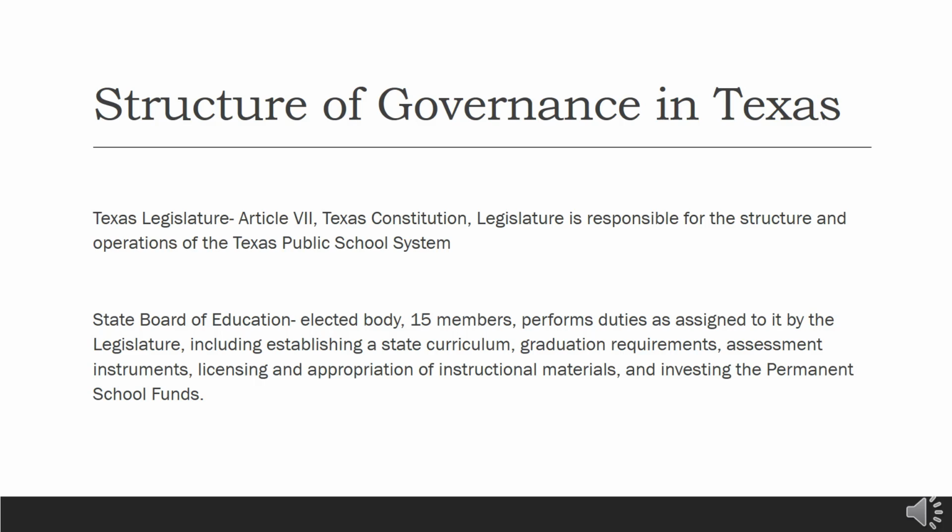Currently, education is governed by the State Board of Education, which is an elected body of 15 members and performs the duties that the legislature has given them, including establishing a state curriculum, which we know as the Texas Basic Knowledge and Skills, along with setting graduation requirements, developing assessment instruments, licensing and appropriation of instructional materials and money, and also investing in the permanent school fund.